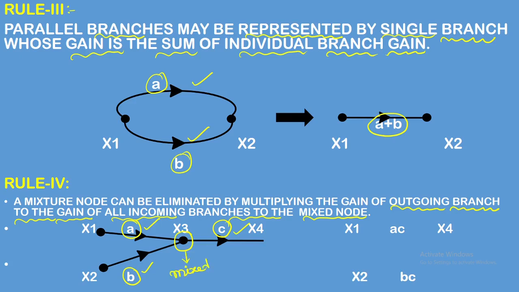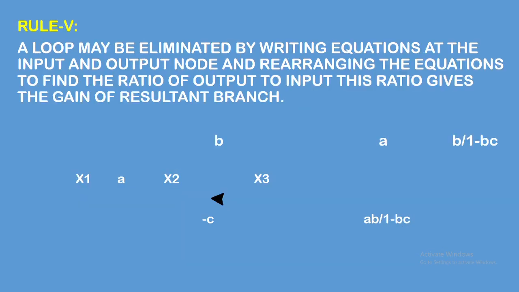So you can eliminate this mixed node by multiplying the gains of these paths here. That is what I have represented. You see here, this path will be represented by multiplying these two, that is A and C, so AC for that. Next, for the second path, you multiply B and C also, so that you eliminate this mixed node, that is BC here, then X4.